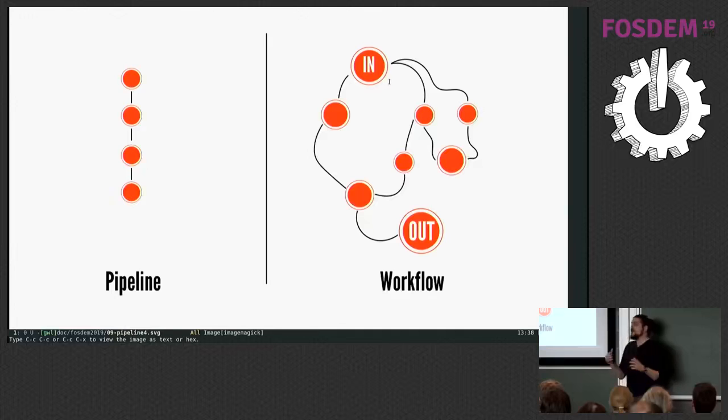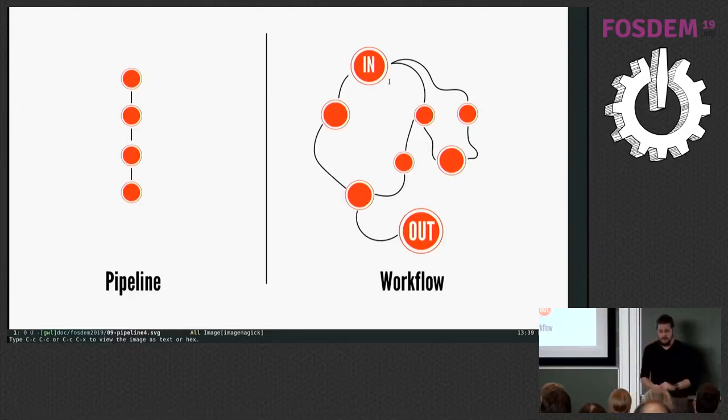But the concept of a workflow is an expansion of the idea of a pipeline. Rather than having a linear flow of data that goes in from the left and comes out at the right, you have a graph where information can disperse and seep through. And at the end, you filter out something that you're interested in.